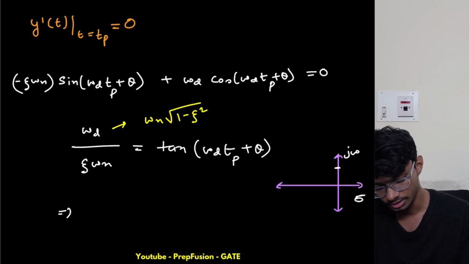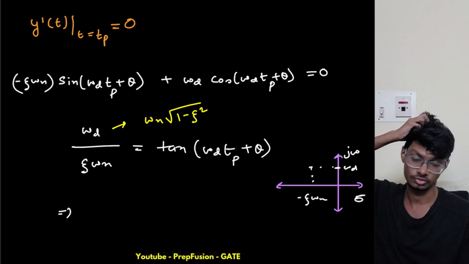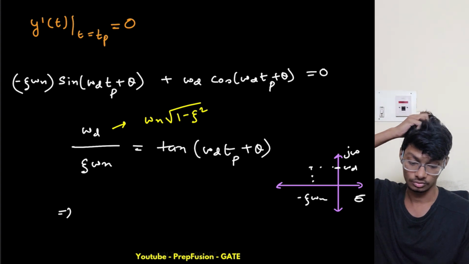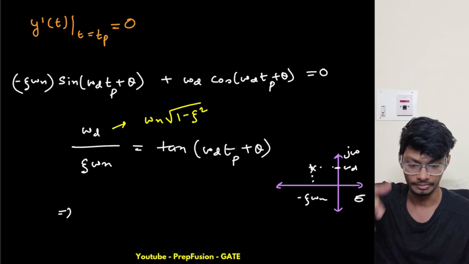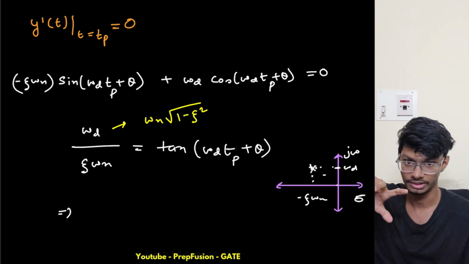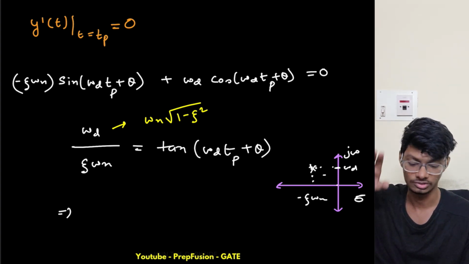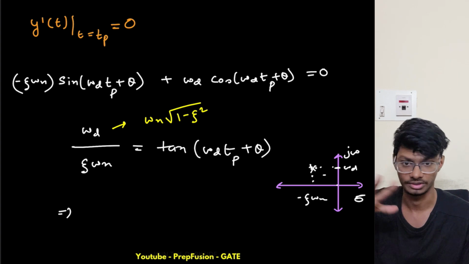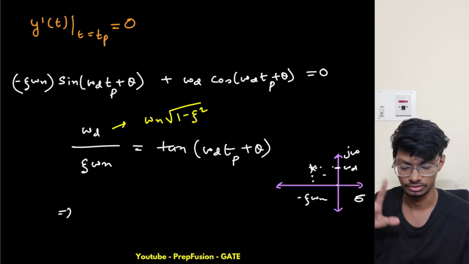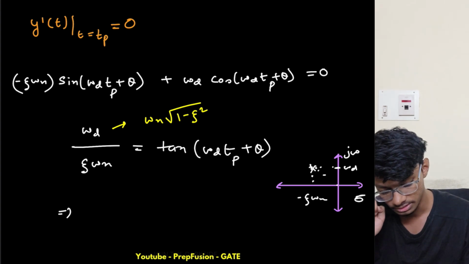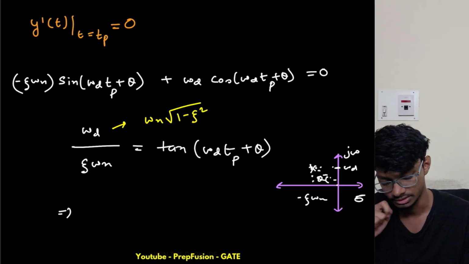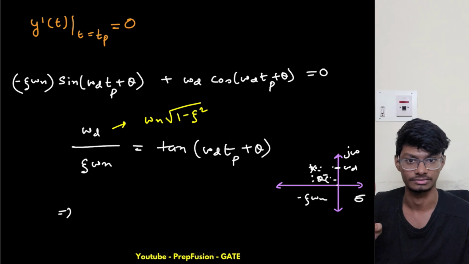So this is my omega d, and this is my minus zeta omega n. You remember that this radius was omega n, and omega d square plus zeta omega n square was omega n square under root. So omega d is equal to omega n root 1 minus zeta square. This one was theta, the angle of inclination basically.